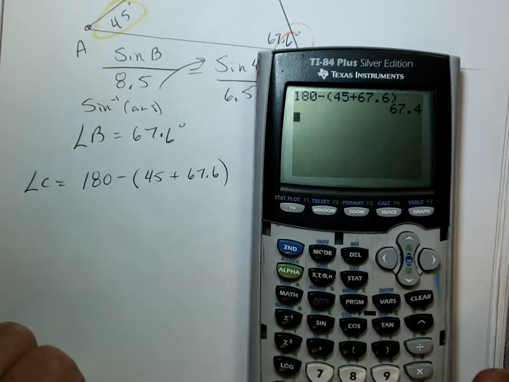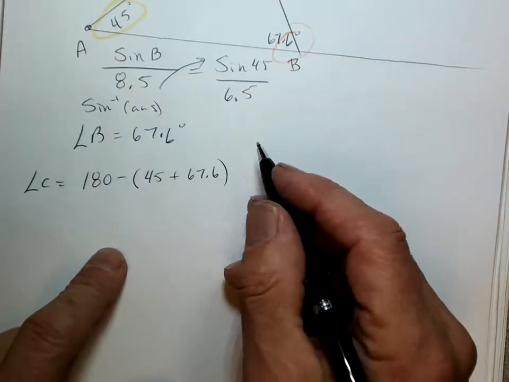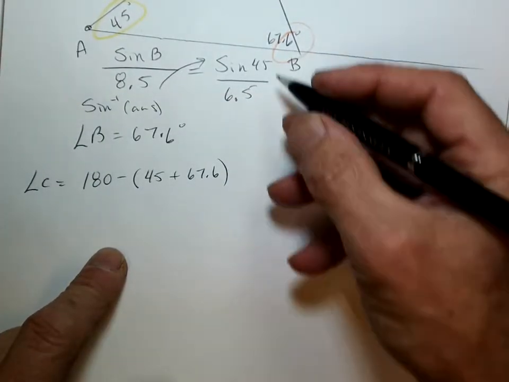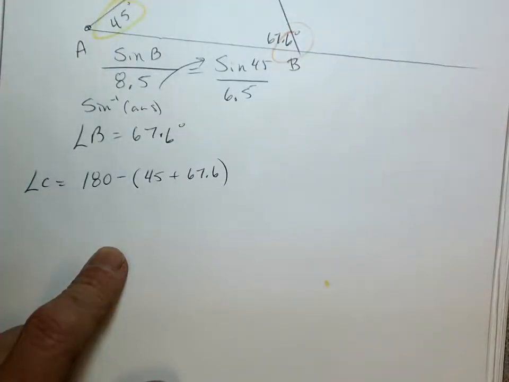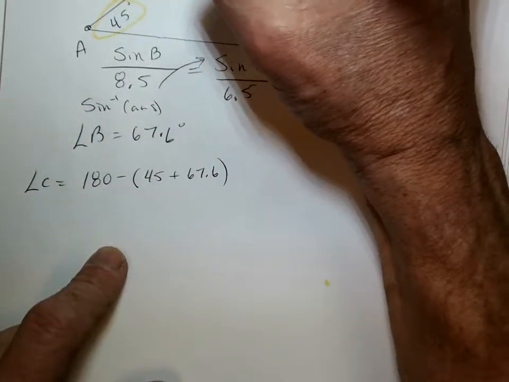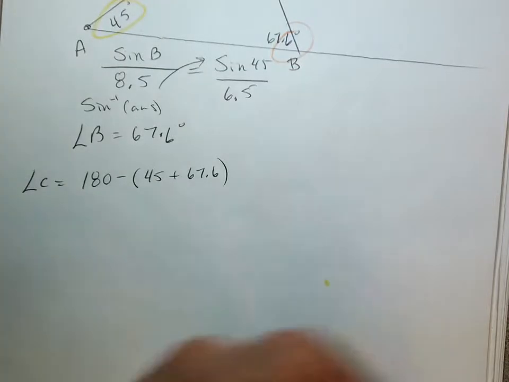And you get 67.6 again? No, 4. Okay, 67.4. I was thinking, wow. Okay. So this has got to be a 180 minus 45 minus 67.6. Yeah, 67.4.